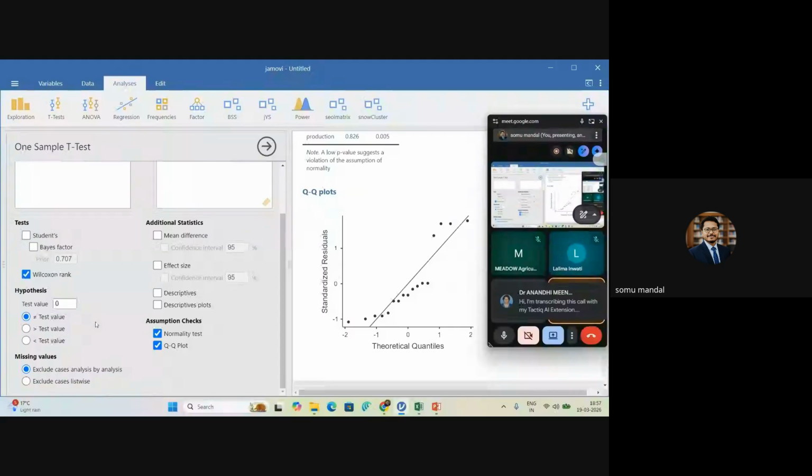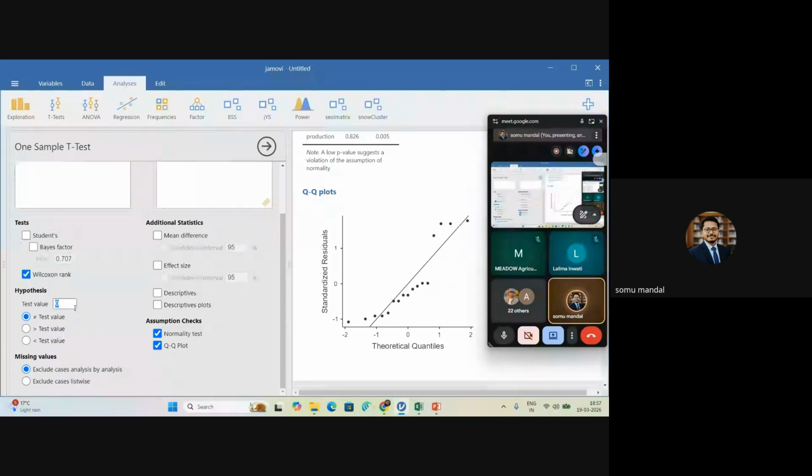Okay, there is a difference. So that's why, look here, we only select one thing, that is not equal to test value. And here we consider the value is 0, meaning from all the plots, the production is not equal to 0. You may change this here.